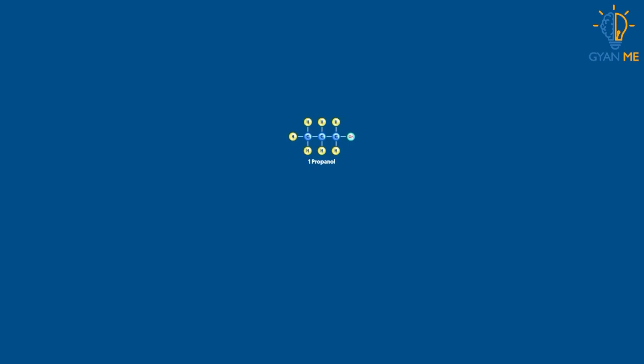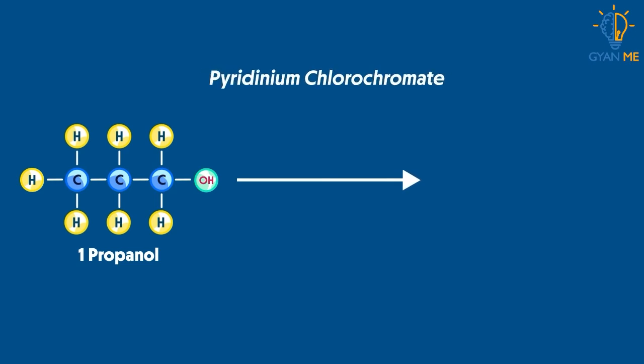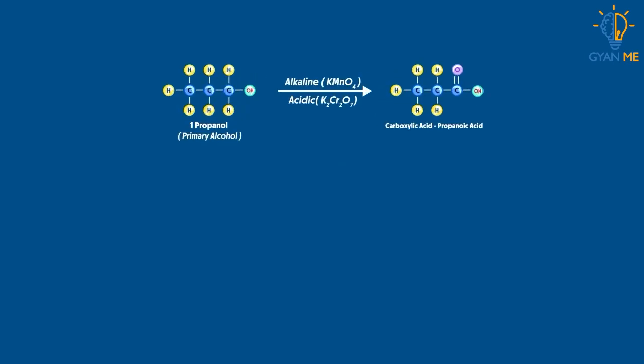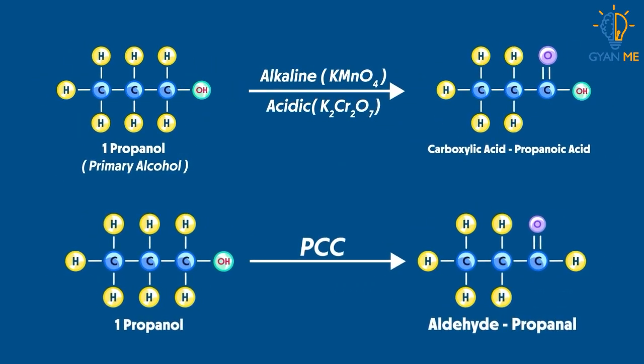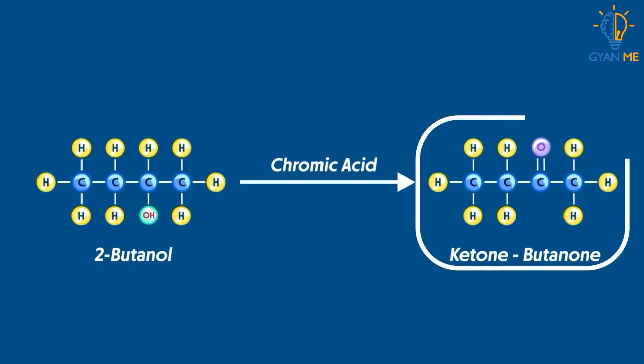When 1-propanol is oxidized with the oxidizing agent pyridinium chlorochromate, that is PCC, the product is not a ketone as we expect it to be. In fact, the product is an aldehyde, that is propanal. Thus, we know that oxidation of primary alcohols results in carboxylic acids and aldehydes, while oxidation of secondary alcohol compounds results in the formation of ketonic compounds.